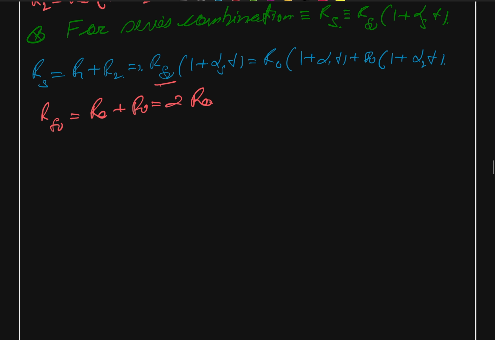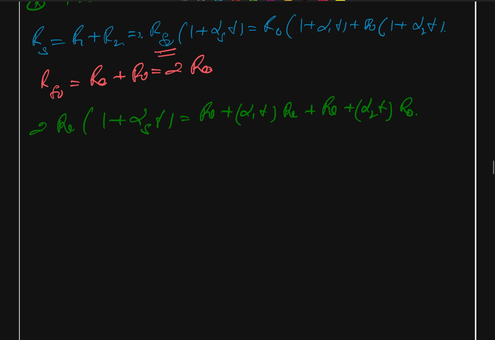So we substitute it here and we get twice R naught times (1 plus alpha S T) is equal to, opening the right side, R naught plus alpha 1 T times R naught plus R naught plus alpha 2 T times R naught.